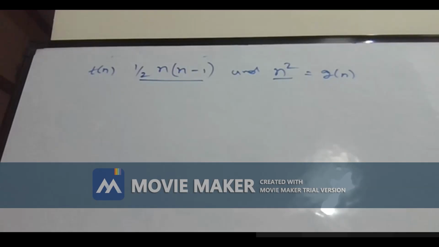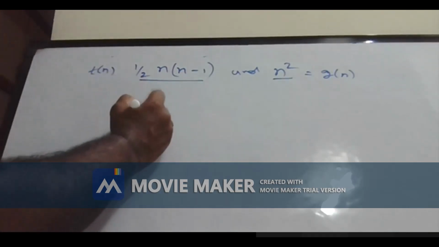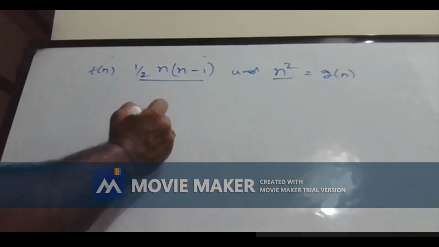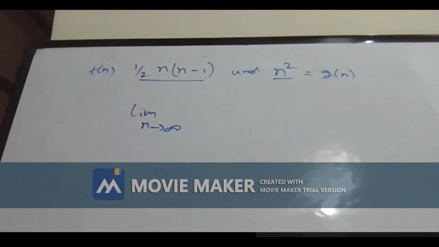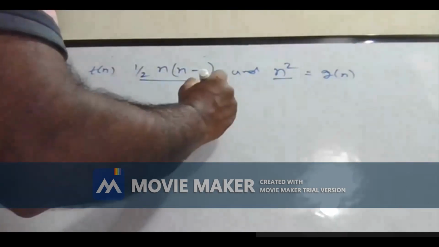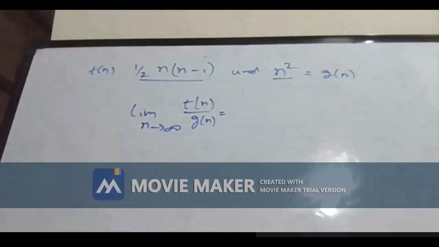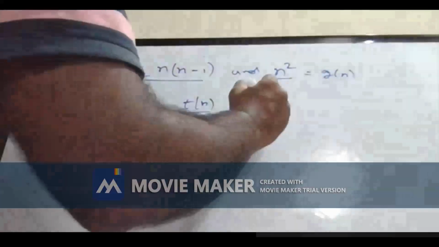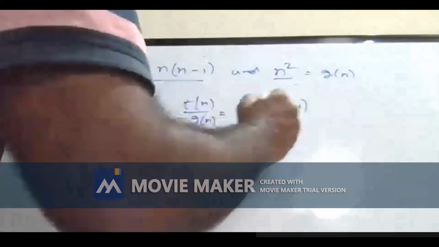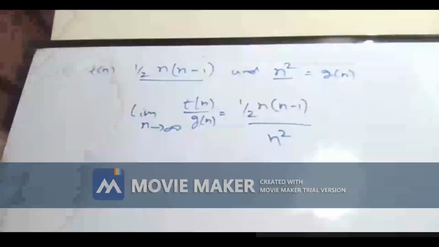Compare which one has a larger order of growth compared to the other one. As a simple way, you can apply the limit as n tends to infinity of t of n divided by g of n. So it is nothing but 1 by 2 n into (n minus 1) divided by n square.